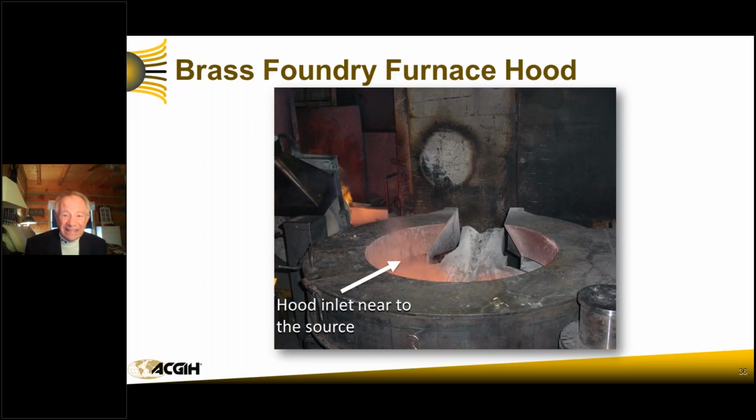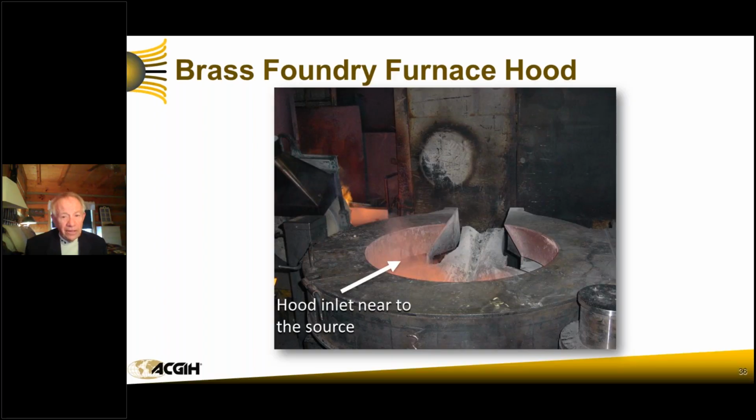How close do we want to get to this hood so that we can capture 100% of the brass? The brass fumes are coming off. You can see the brass fumes coming off there where the arrow is pointing. And brass is not a terribly toxic contaminant. But you know what else comes off?